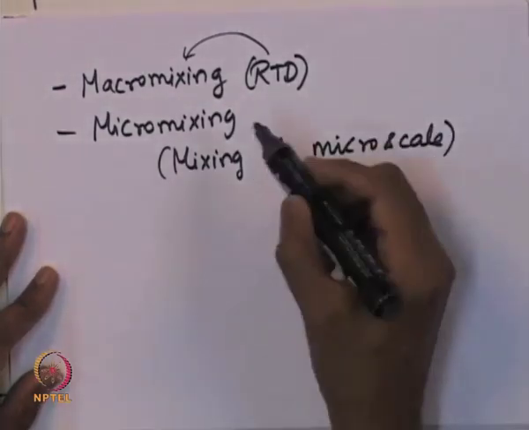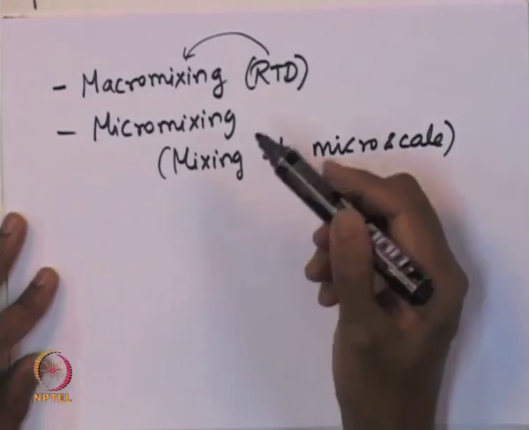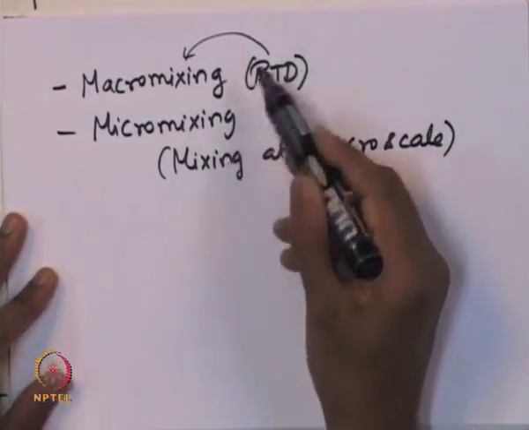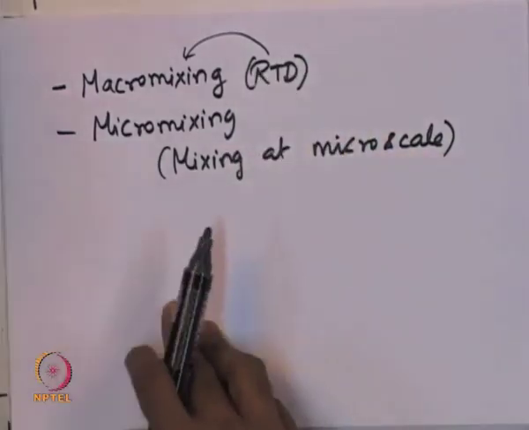So, one needs to account for these two factors, and in fact, these two factors will help in characterizing the non-ideal behavior of the reactor. So, let us first look at the residence time distribution, which accounts for the macro mixing.